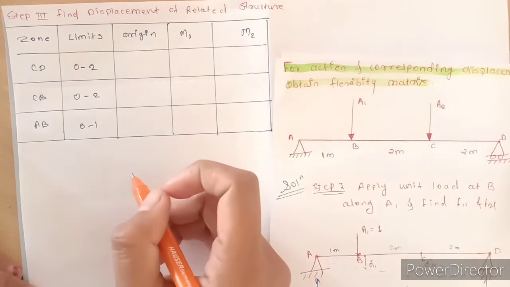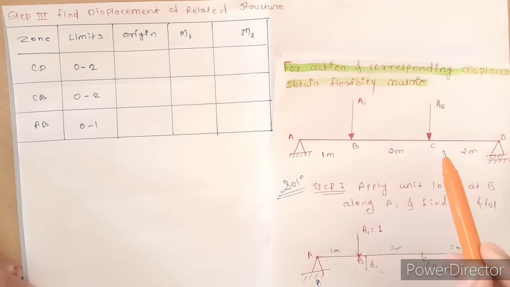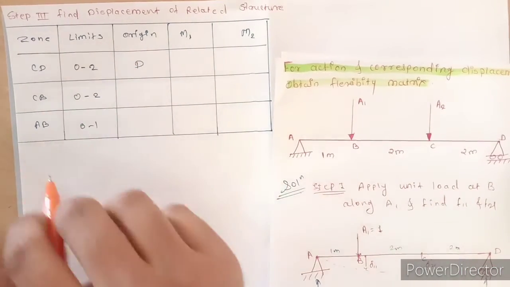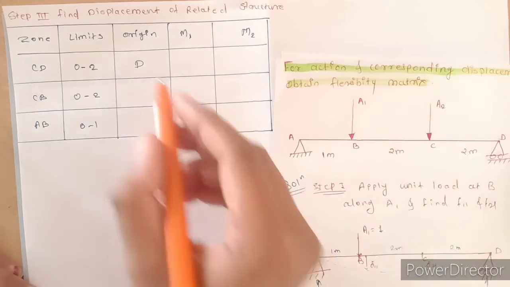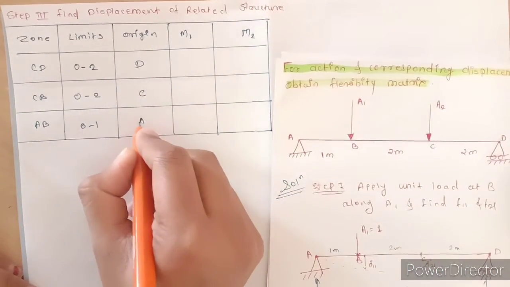Then origin: for the CD member our origin is D, for the CB zone we consider origin C, and for AB the origin is A.